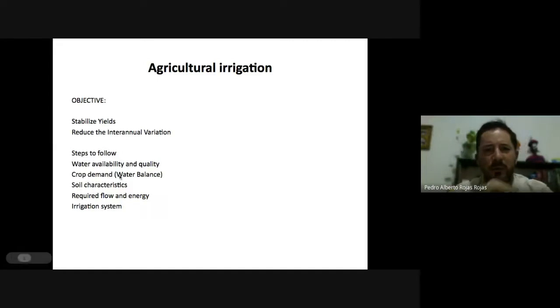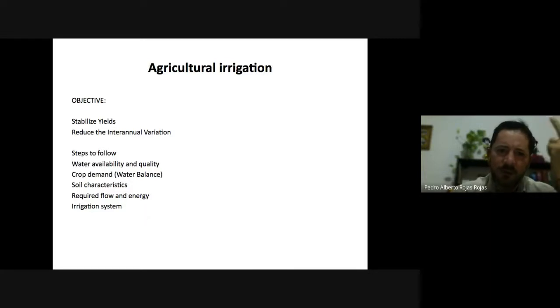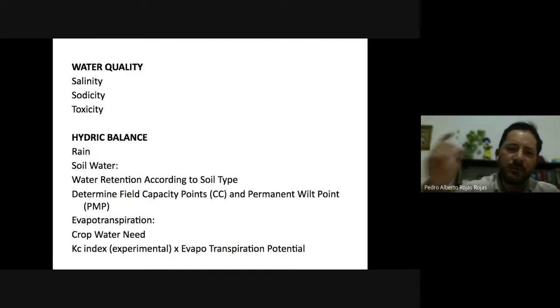For example, the water availability and its quality, the crop demand, like the water balance, the quantity of water that the crops need, and also we need to know about the soil characteristics, like the required flow and energy and irrigation system. These are the objectives that we need to obtain to have a very good agricultural irrigation.